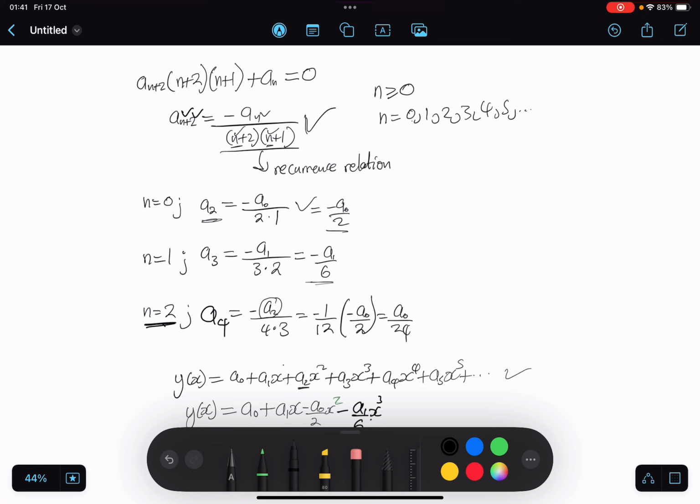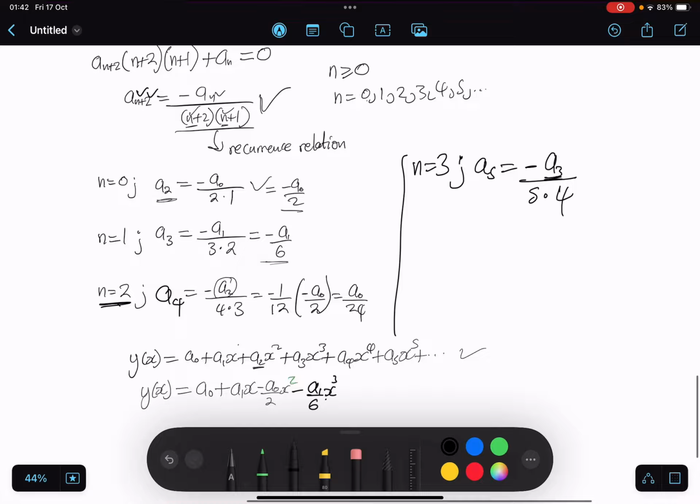This is a4. So we need to evaluate when n is equal to 3. When n is equal to 3, we're going to have a5 is equal to minus a3 over, when n is 3, 5 times 4, right?